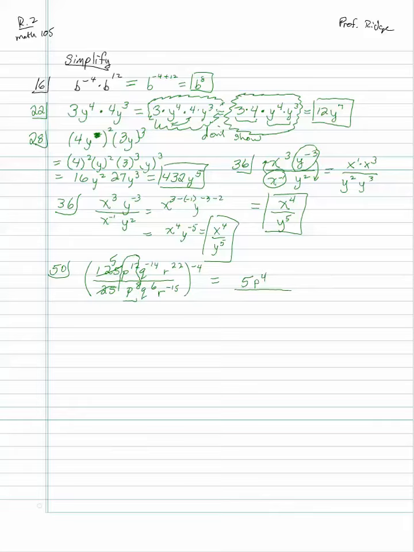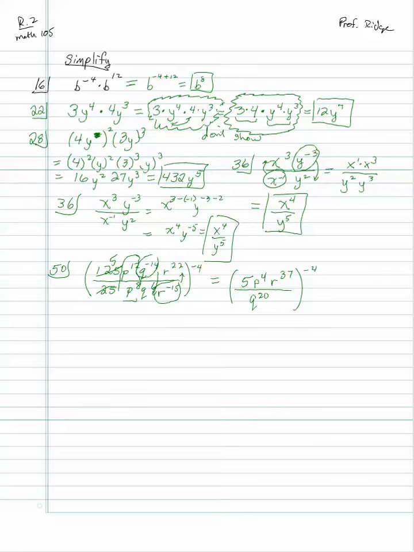And then the Q's, I'm going to think of this Q going to the bottom, and then so I got Q to the 6, Q to the 14, which would be Q to the 20 on bottom. And then this R, the negative 15, I think of it going up there, so I got R to the 22, R to the 15 on top, which is R to the 37.